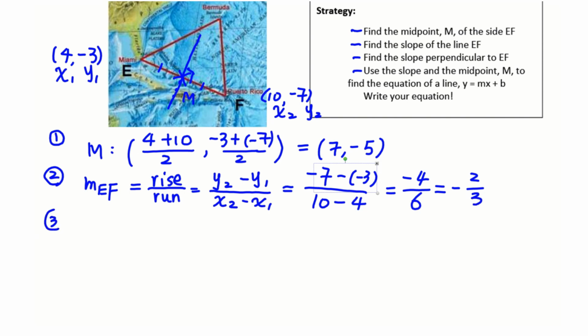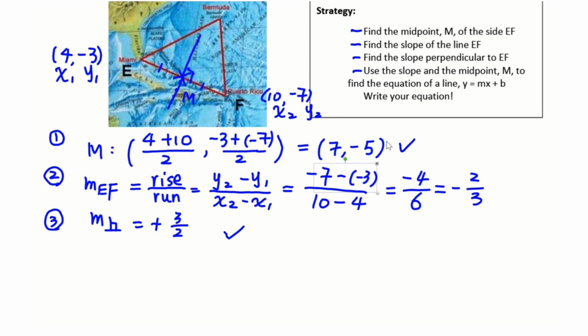And the third step is finding the perpendicular slope of EF, and you are going to do the opposite flip. Opposite flip means negative becomes positive, and the flip is 3/2. So we have the slope of this line.